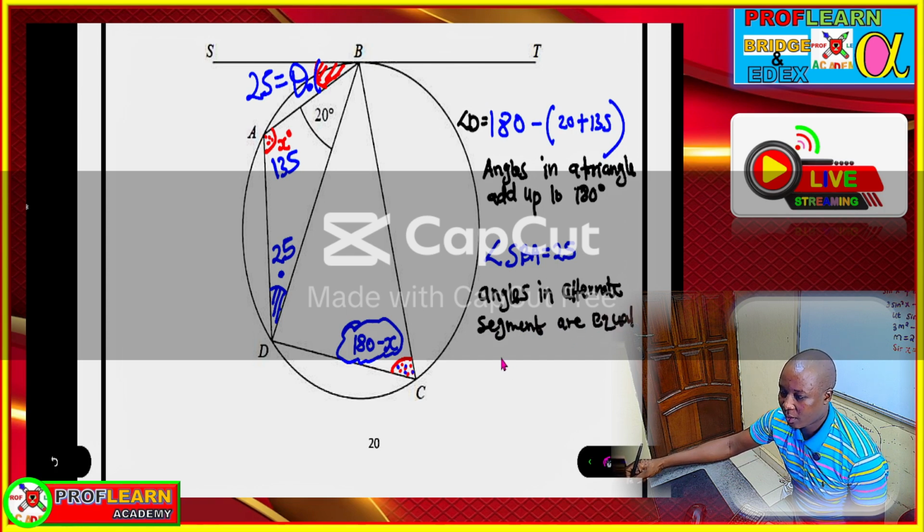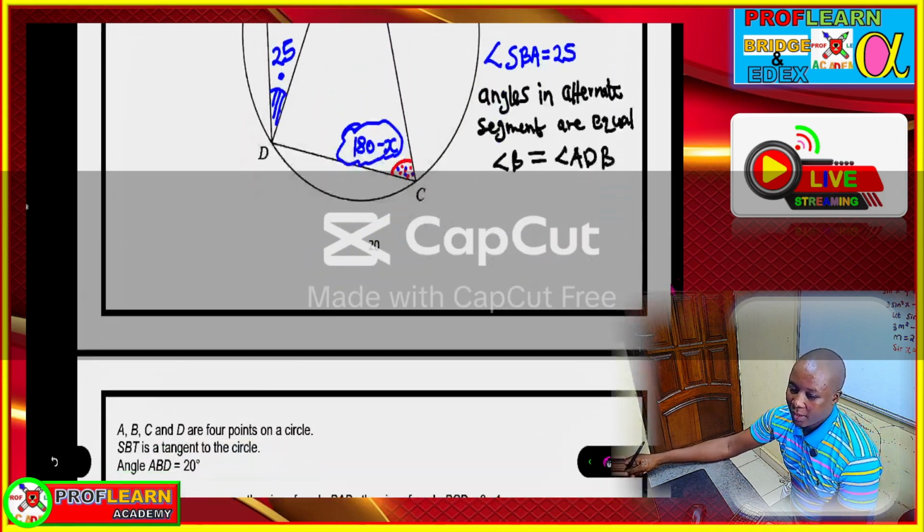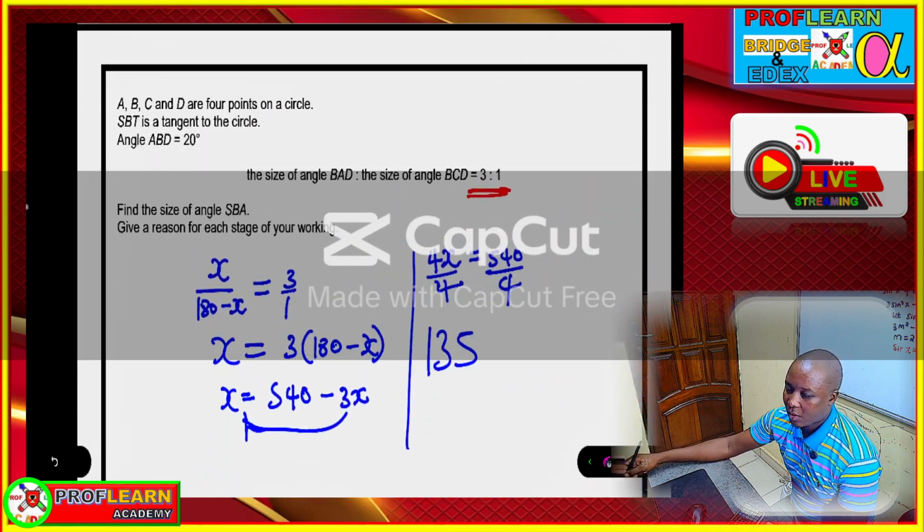So for that reason, angle B is equal to angle ADB. All right, so basically, that's what we are going to state.